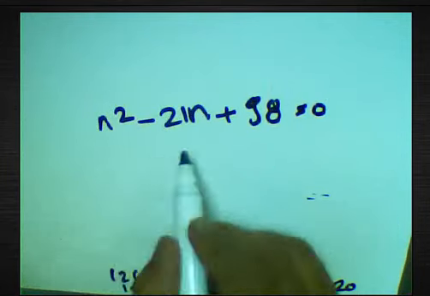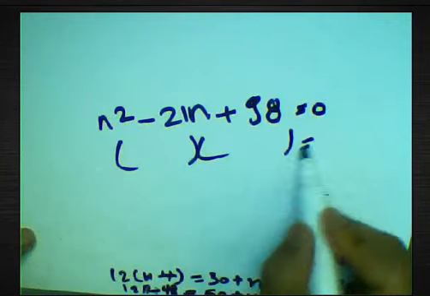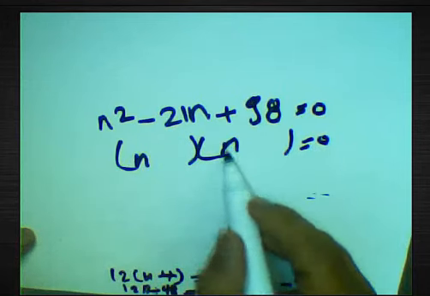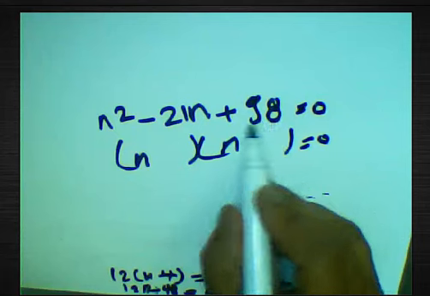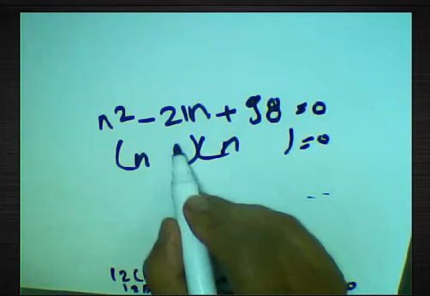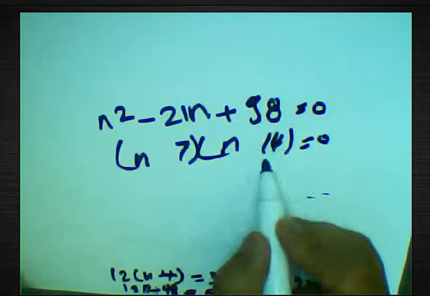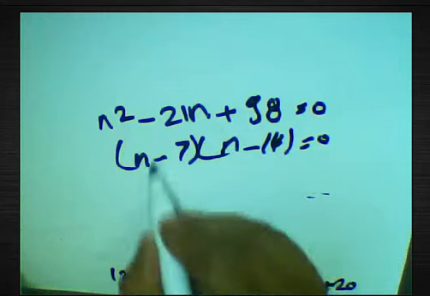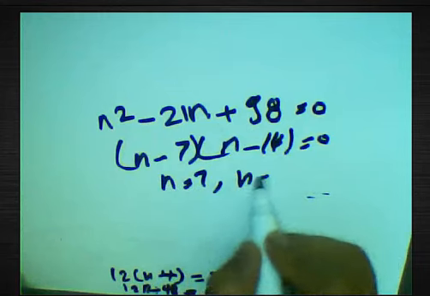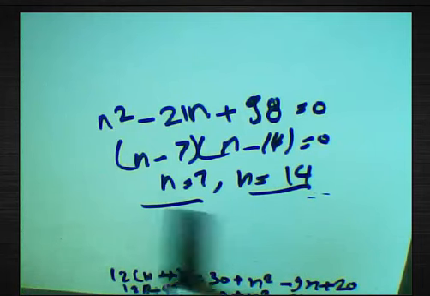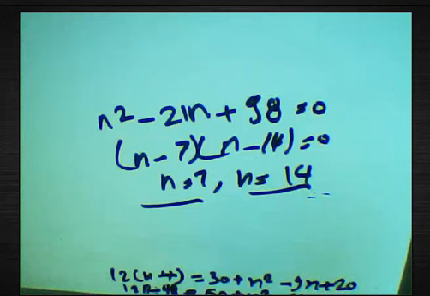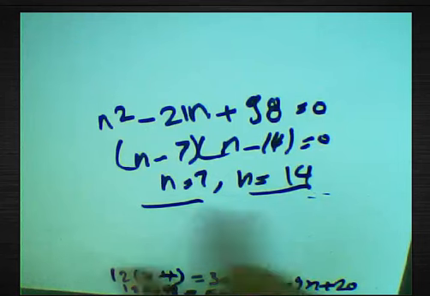We can factorize it: n times n, and two numbers multiplying to 98 and summing to 21: 7 and 14, both negative. Then n equals 7 or n equals 14, it's an accepted number. Okay, the solution is 7 or 14.